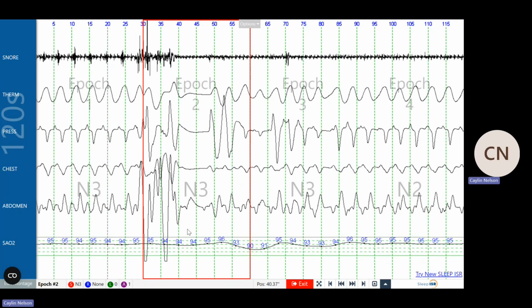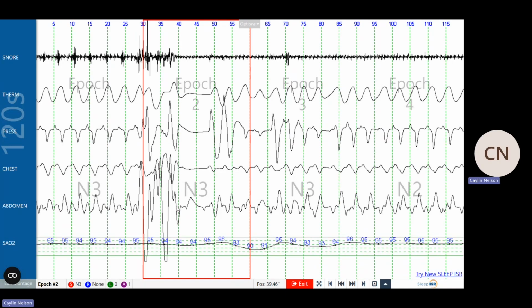Just remember, all our saturations are based out of 100. To qualify for that hypopnea for AASM and for ISR purposes, we're going to remember that we are using the 3% rule. You see all these flat lines here. These flat lines, or this central apnea, is what led up to that drop in oxygen level.